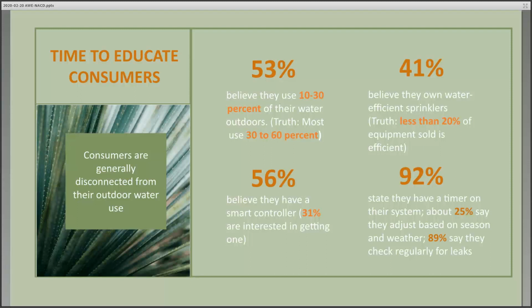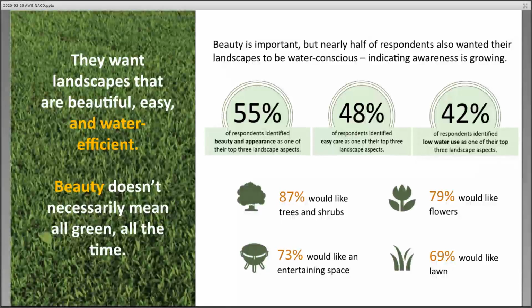That means 75% of those systems are just running automatically. And if they're not being adjusted for season or weather, they're likely watering when water isn't needed. So we want to stay on top of that, educate customers, because a lot of these things are unknown and not clear. It's not a fault of their own.